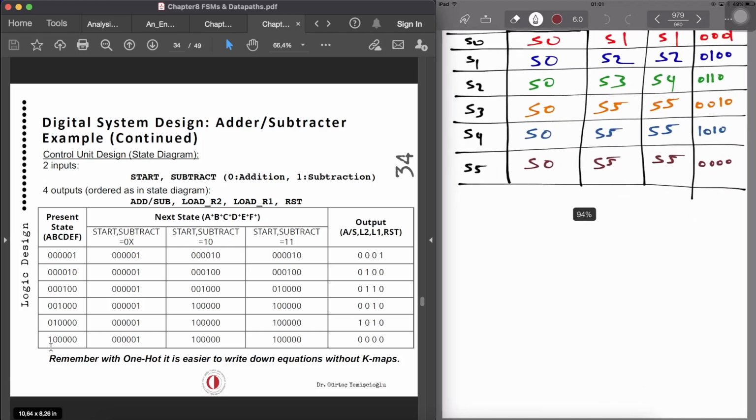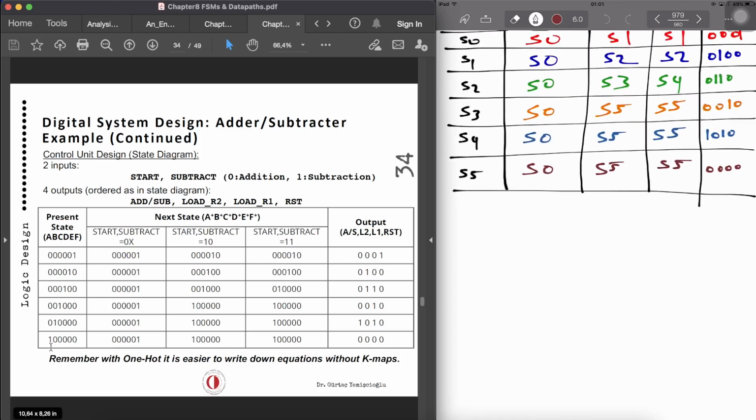Maybe I can write it over here. Okay, so if we start with S0, let's start defining flip-flop A, because what we know is A plus is going to be equal to DA.